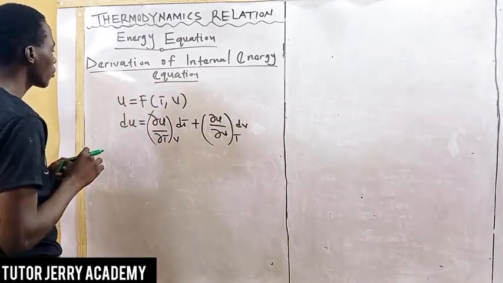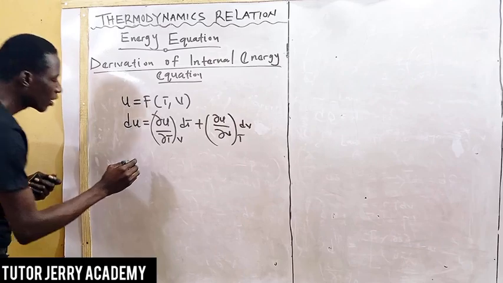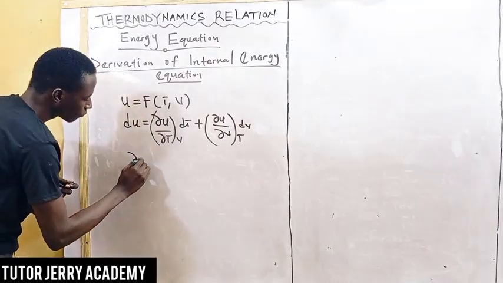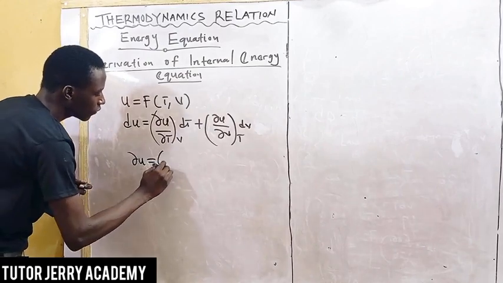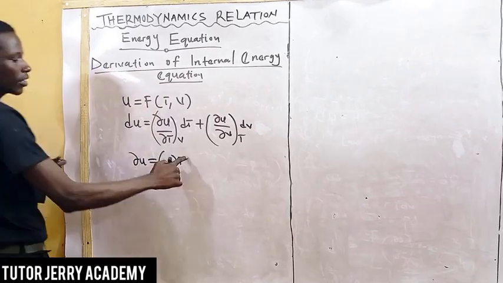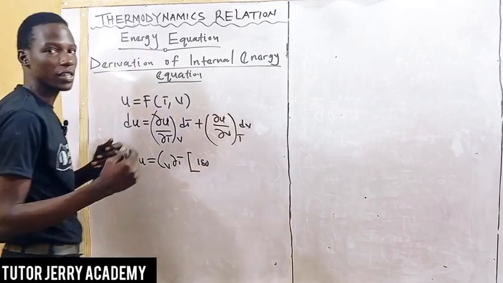Next, from our basic law of thermodynamics, we know that dU is equal to Cv dT. This is for an isochoric process, which is a constant volume process.